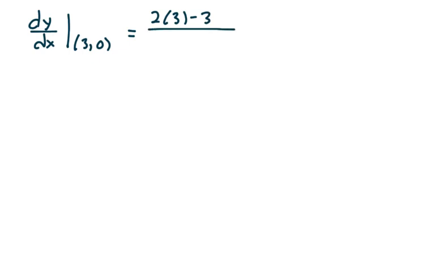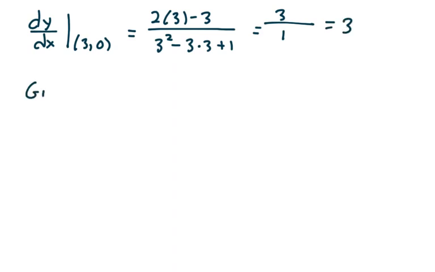Now, dy dx evaluated at the point 3, 0, is 2 times 3 minus 3 divided by 3 squared minus 3 times 3 plus 1, which is equal to 3 divided by 1, which is 3.